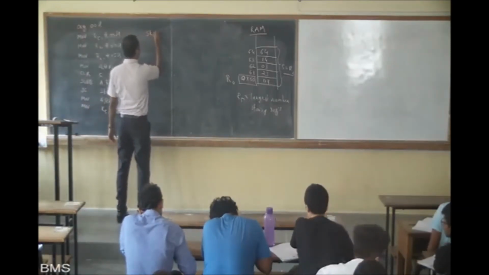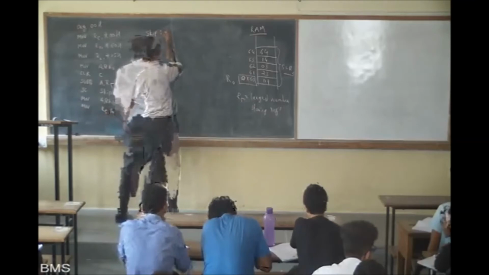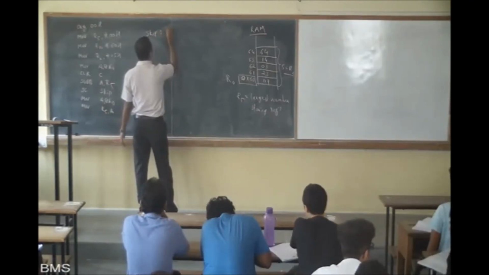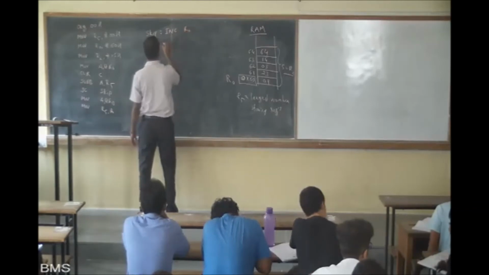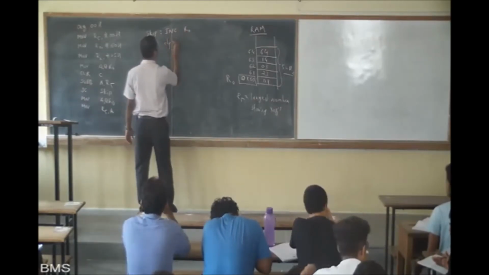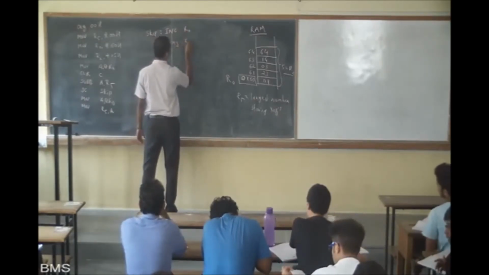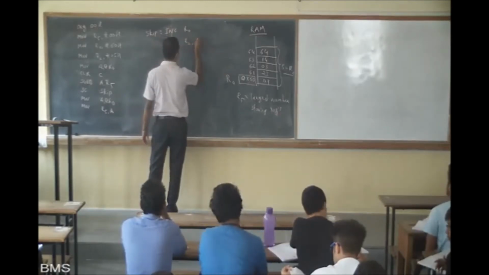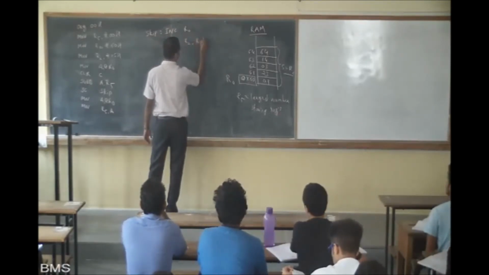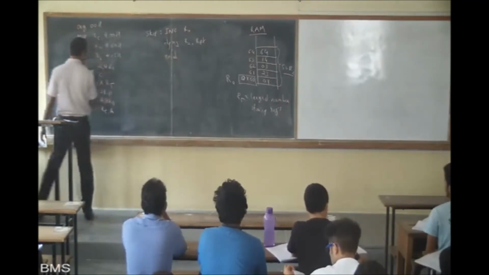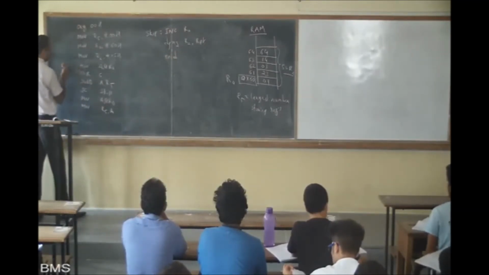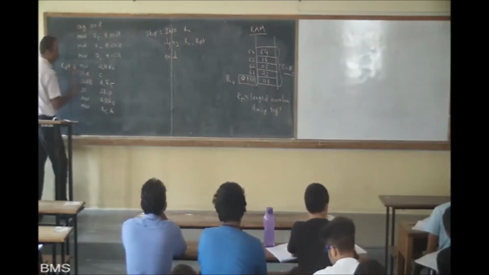Skip. What is the skip value? INC R0. DJNZ R2, right? R2 comma repeat, then an end. Where should I repeat? Here.